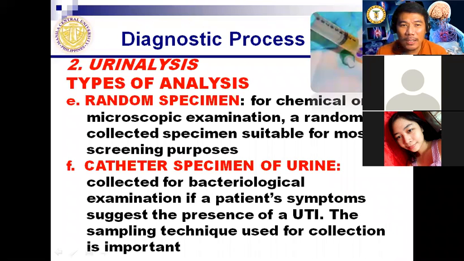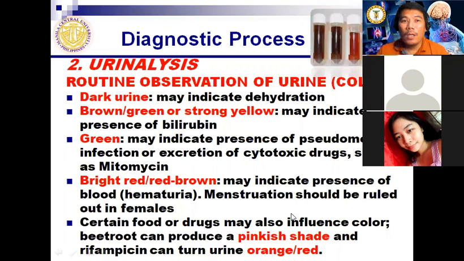Okay, next. Now, these are the routine observations of urine color, and it is very important for all of us to be aware of this. I even introduced some of it during our pharmacology classes, and this is very significant for nurses.